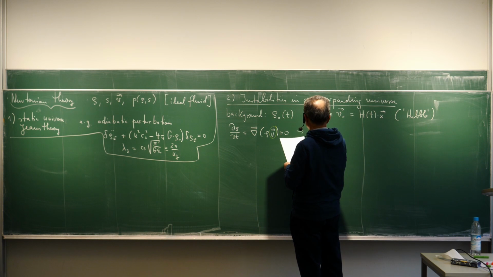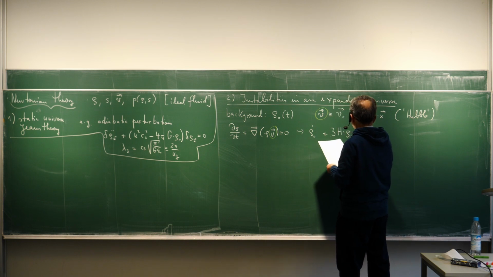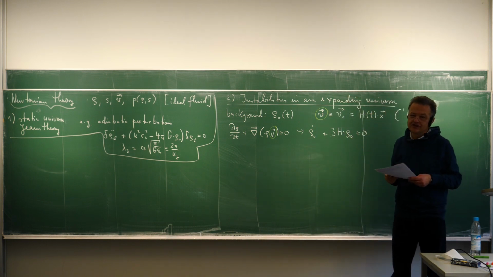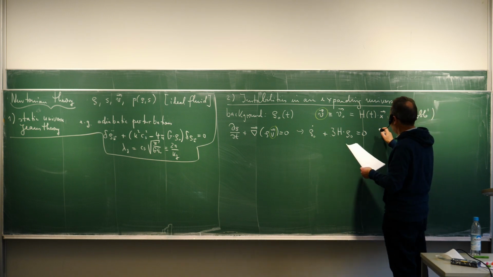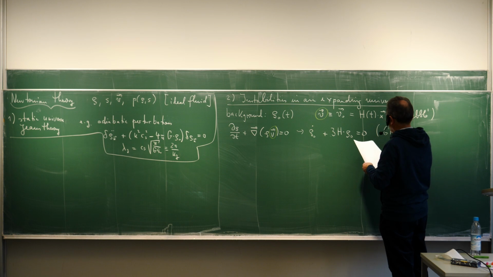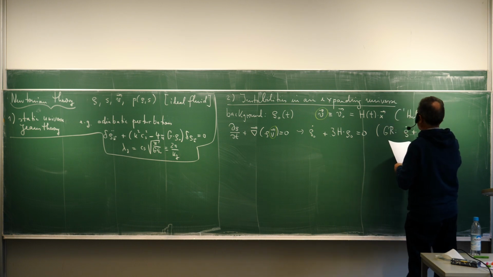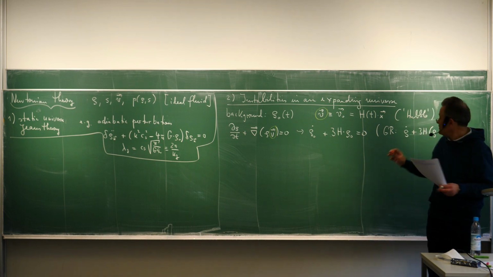So you get from this that rho naught dot plus 3H times rho naught equals 0. So of course you have listened to the GR lecture courses, so perhaps you recall that in GR we have the equation rho dot plus 3H times rho, but there is in addition the pressure here.